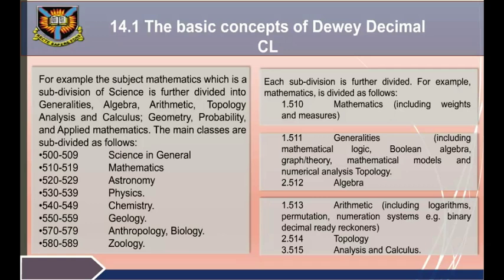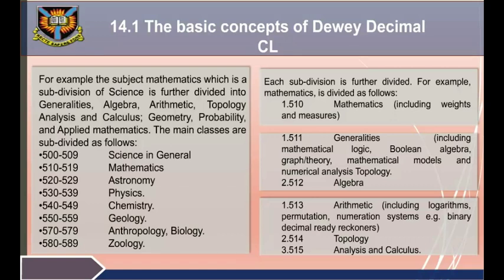The main classes are subdivided as follows: 500 to 509, science in general, 510 to 519, mathematics, 520 to 529, astronomy, 530 to 539, physics, 540 to 549, chemistry, 550 to 559, geology, 570 to 579, anthropology and biology, 580 to 589, zoology. Each subdivision is further divided.